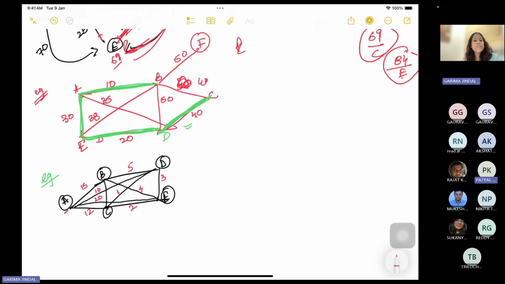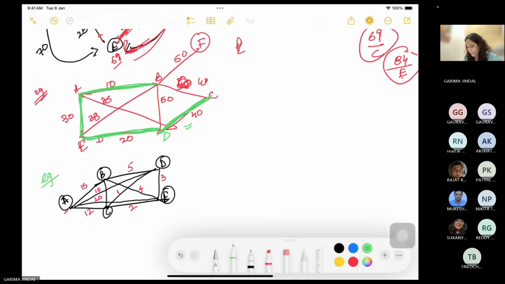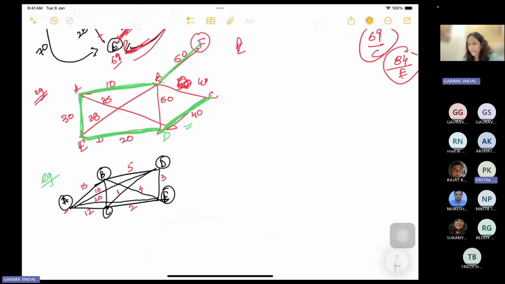So if there is only one edge going to this particular node, then we need to add this edge as well to the spanning tree. Then in this case, this will be our spanning tree. So we have to keep executing this algorithm until all the nodes are visited. Okay, okay.